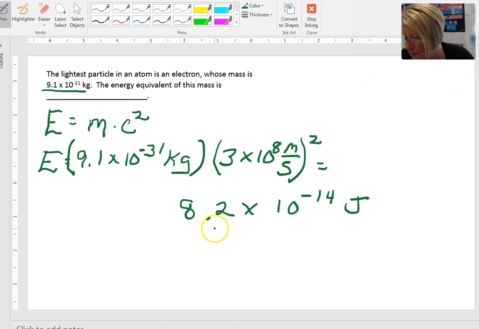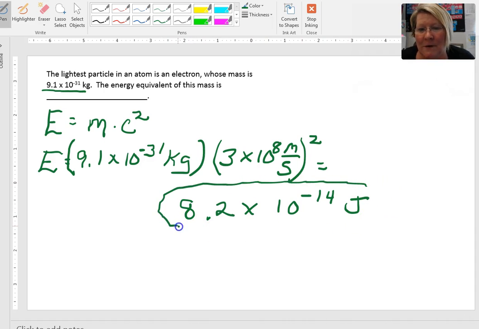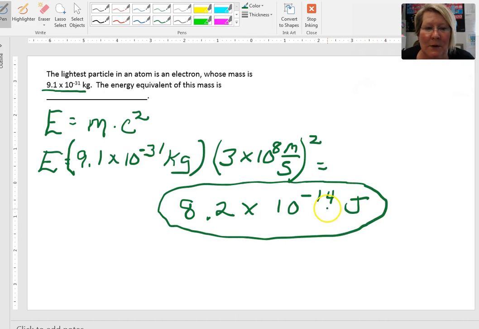Okay? So the book doesn't give you this answer as a choice. They round it because they say approximately, so the answer in the book is 10 to the negative 13. But I'm happier with just putting this answer like this at 8.2 times 10 to the negative 14 joules.